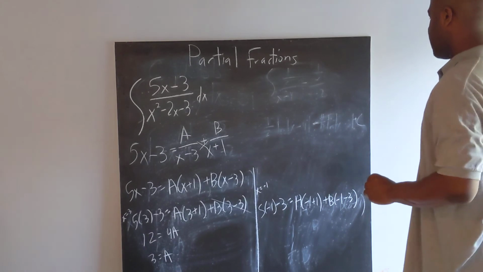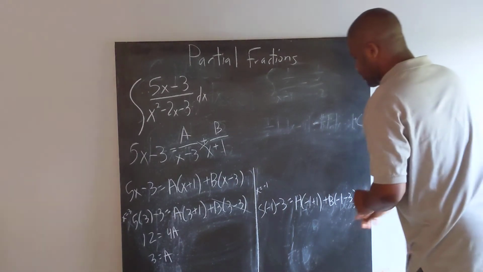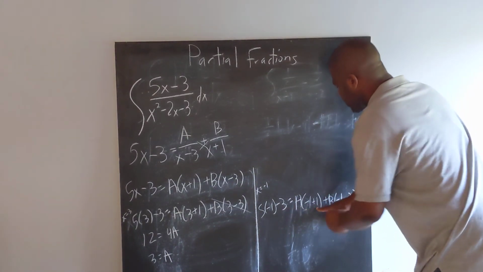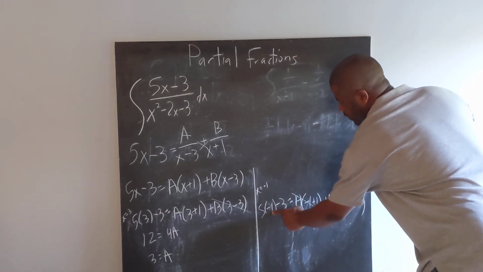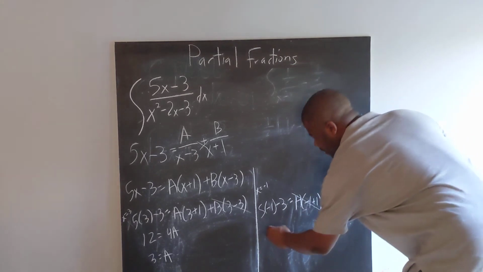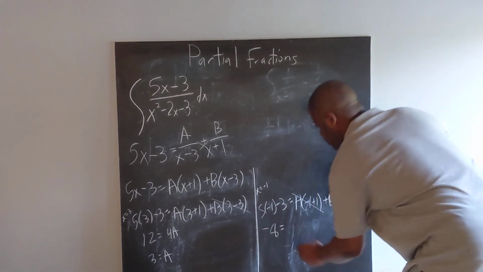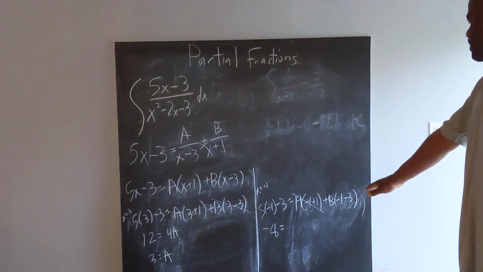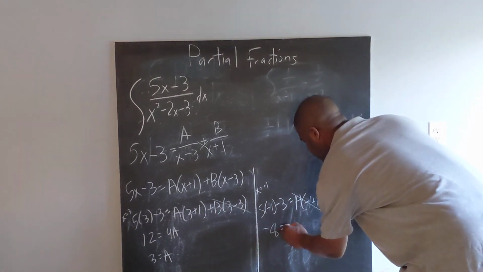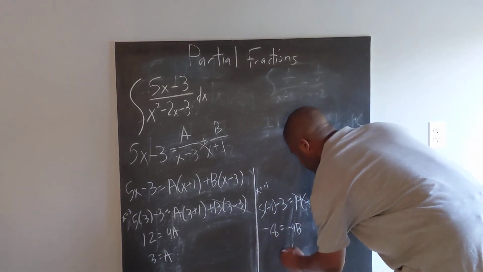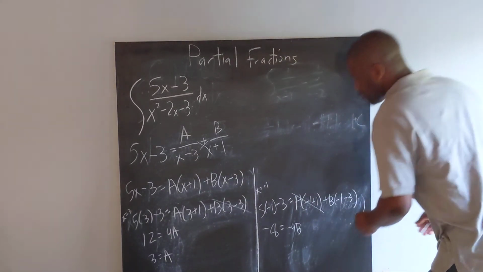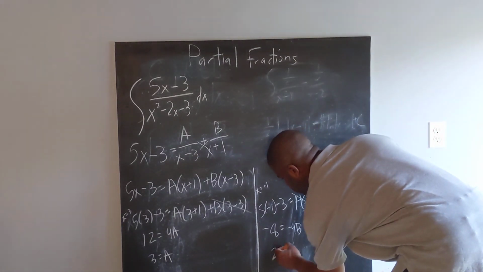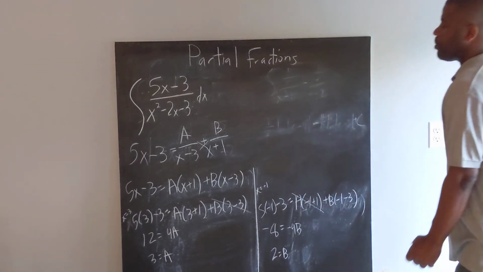All right? So in this case, negative 1 plus 1 is 0, so this cancels. 5 times negative 1 minus 3, that is negative 8. Negative 8 is equal to negative 4b. Divide both sides by negative 4, so 2 is equal to b.